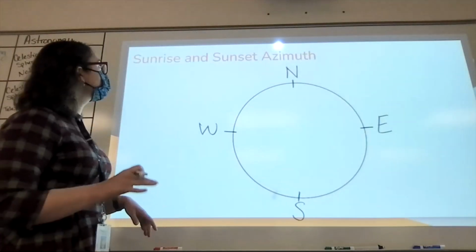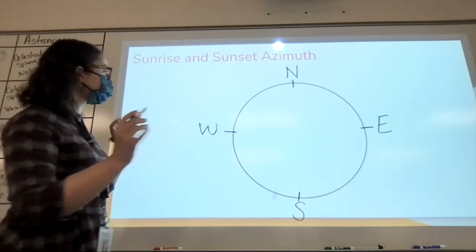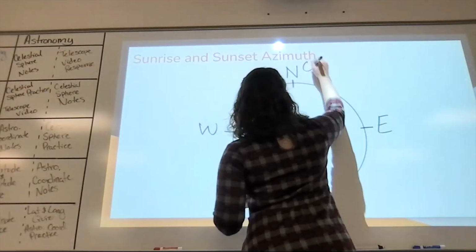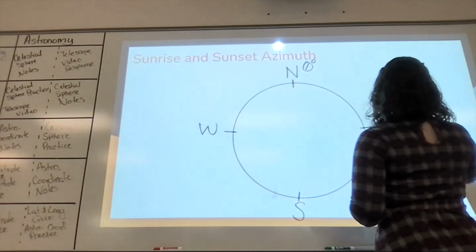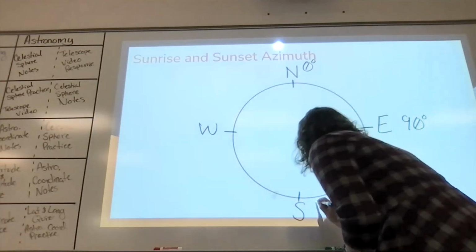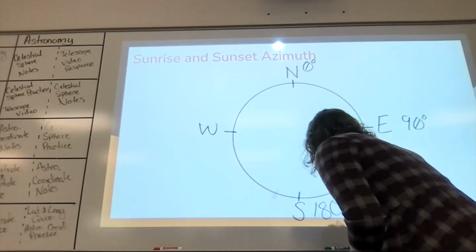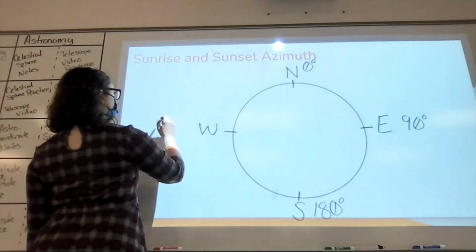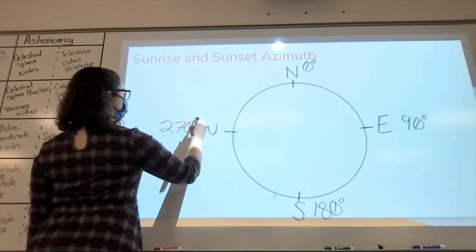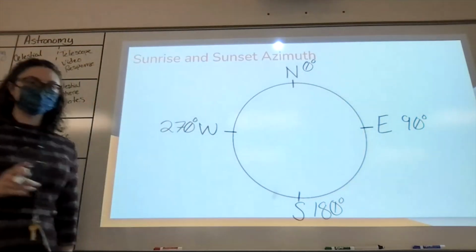There we go. Okay. So for north, that's going to be 0 degrees. East is 90 degrees. South is 180 degrees. And west is 270 degrees.